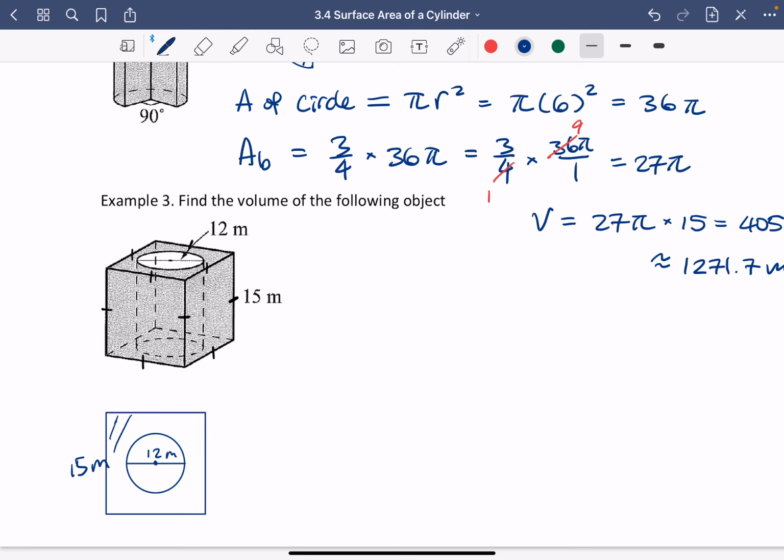Now, how do I find the area of the base? The area of the base is the shaded area, right? Well, we can find the shaded area by subtracting the area of the circle from the square. Okay, so let's find the area of a square.